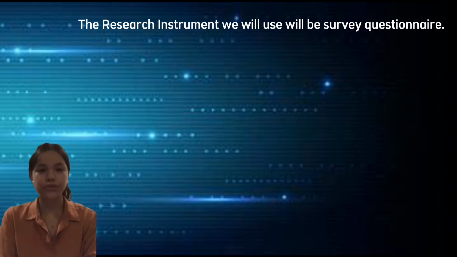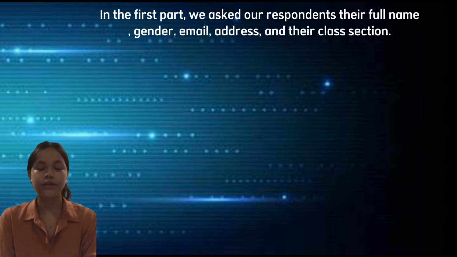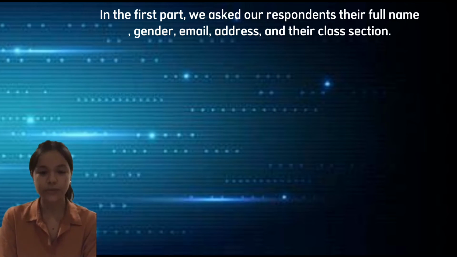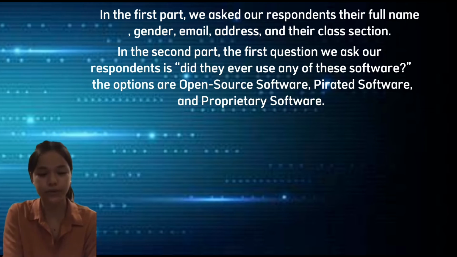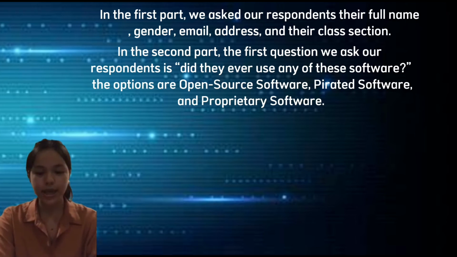The research instrument we'll be using is a survey questionnaire. In the first part of our survey, we asked our respondents their full name, gender, email address, and their class section. In the second part, the first question we asked our respondents is, did they ever use any of these software?